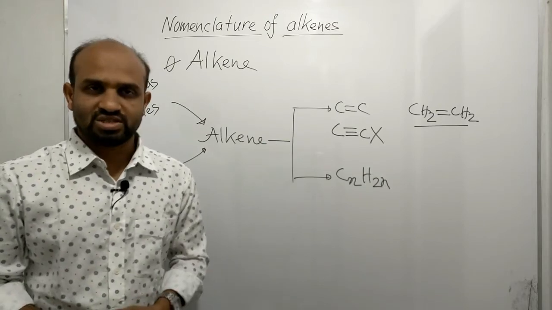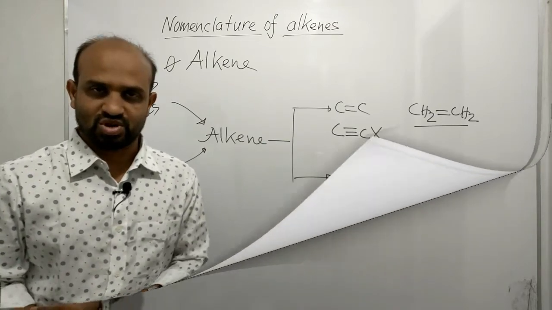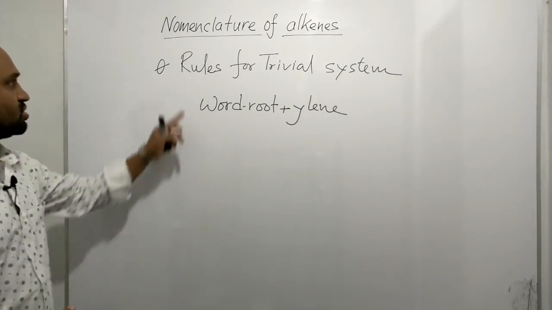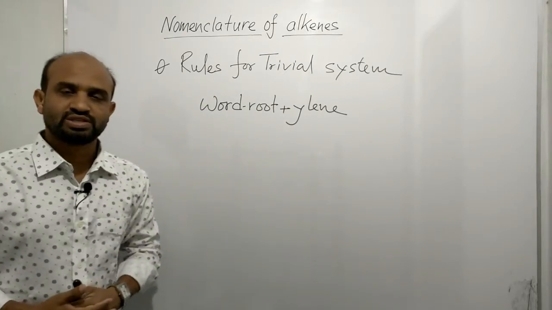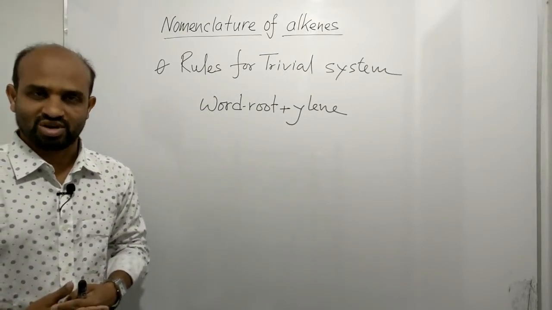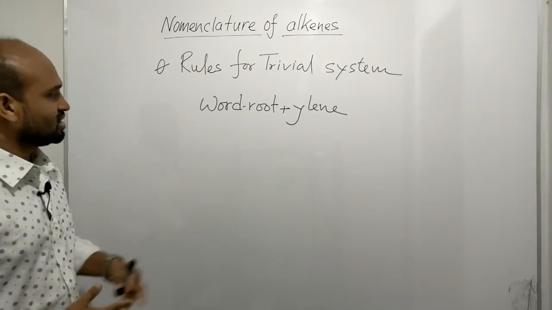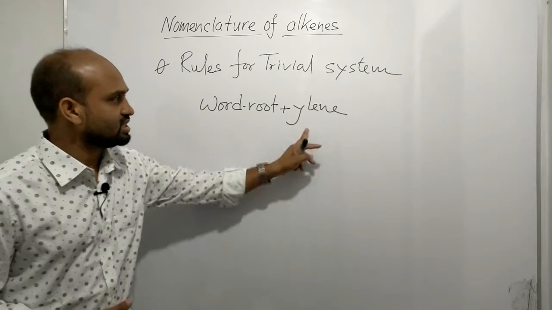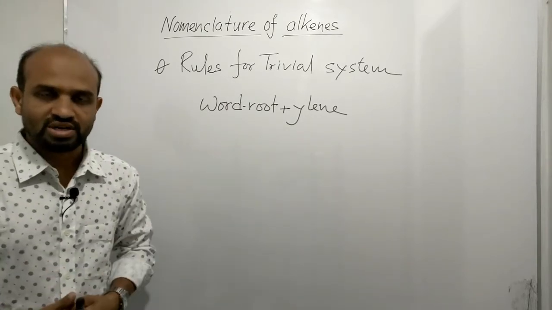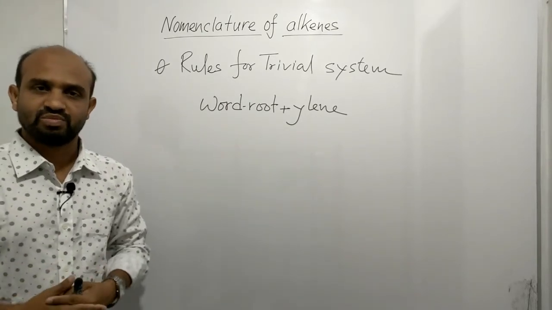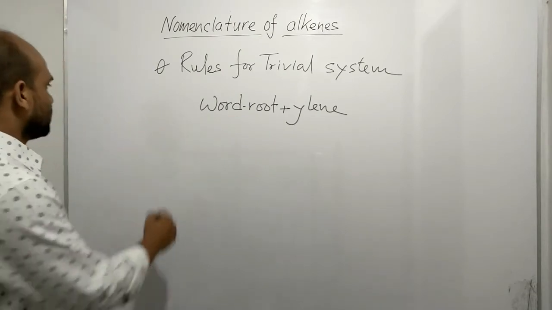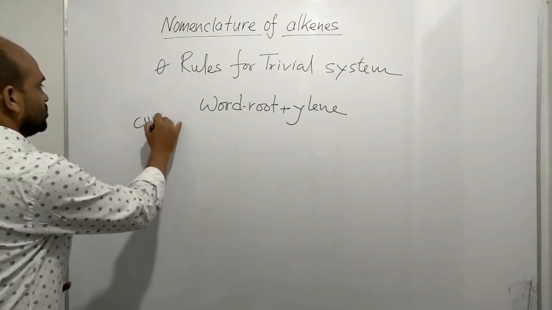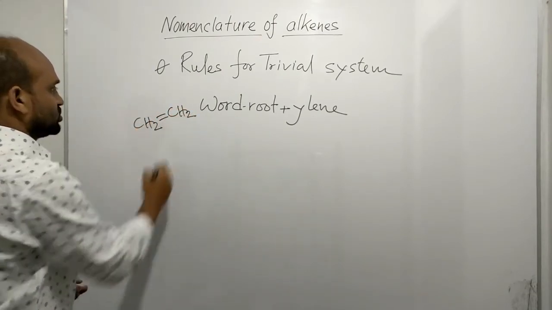So dear students, let's move on to the next point. The point is now rules for the trivial system to name the organic compounds. Here, that is word root plus ylene. I already have told you the first member of alkene is this compound, CH2=CH2.